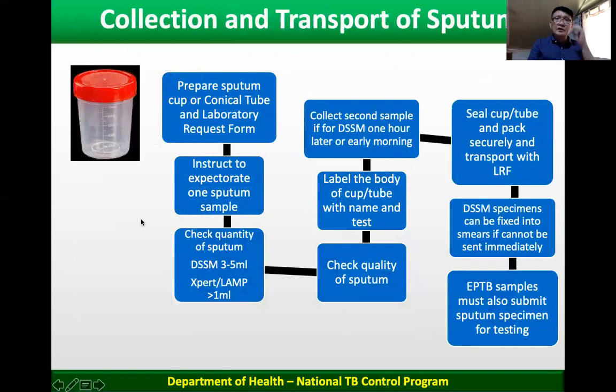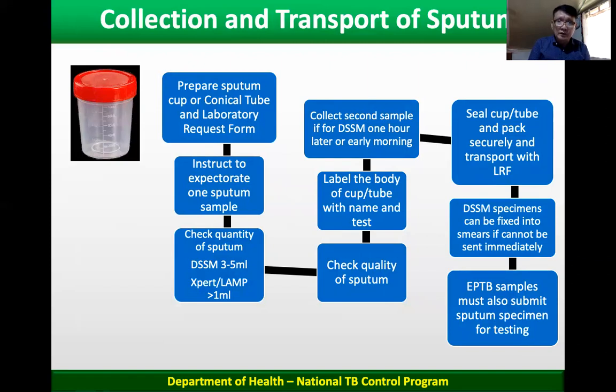Now, as far as the collection and transport of sputum, you prepare the sputum cup or conical tube, and of course, along with it, the laboratory request form. Then after the preparation, you instruct the patient to expectorate one sputum sample.